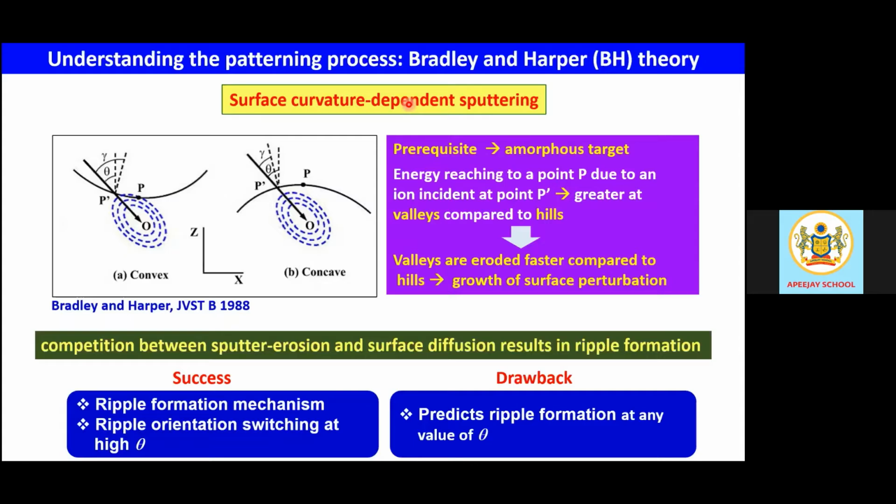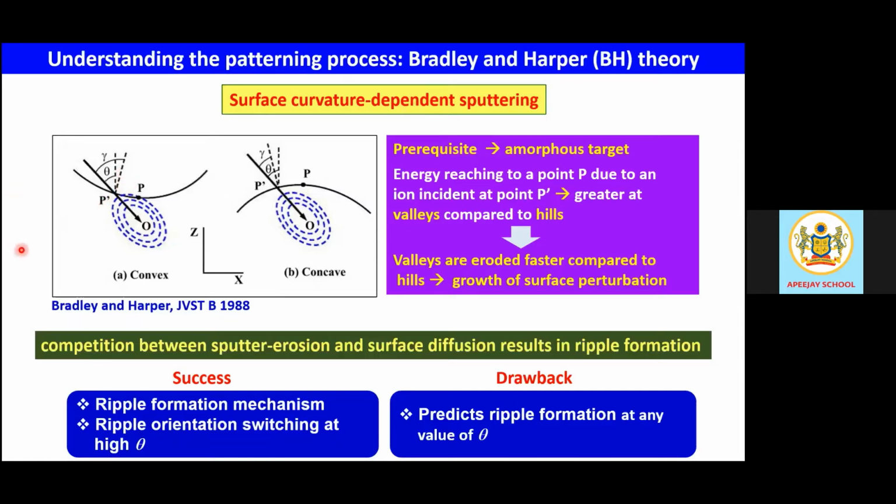Now, according to this theory, the major success is in explaining ripple formation, which is reasonably well understood, and ripple orientation switching at higher theta values. The main drawback was that this theory unfortunately predicted, or still predicts rather, ripple formation at any value of the ion incident angle theta as defined here.